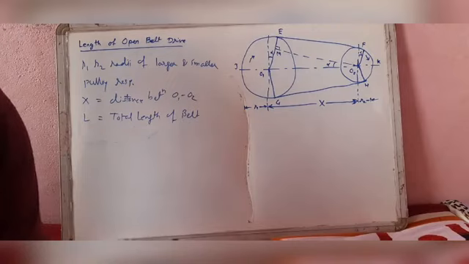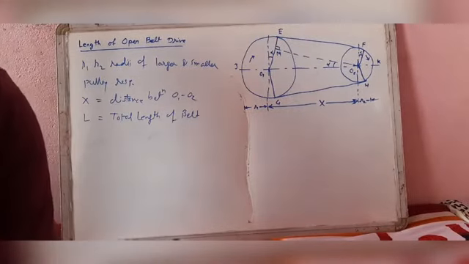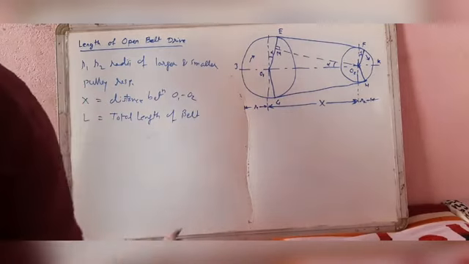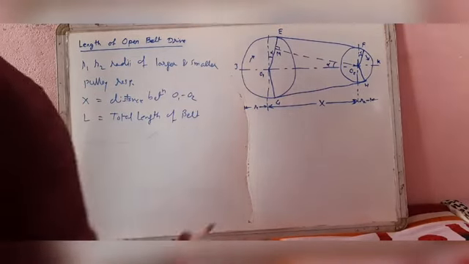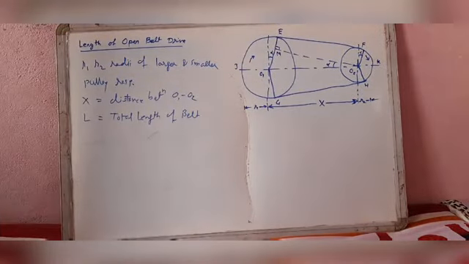Let the belt leave the larger pulley at E and G, and the smaller pulley at F and H, as shown in the figure.